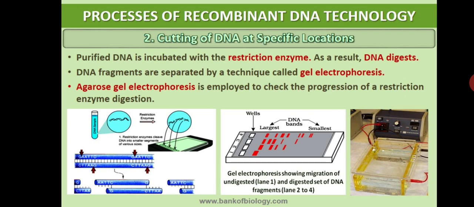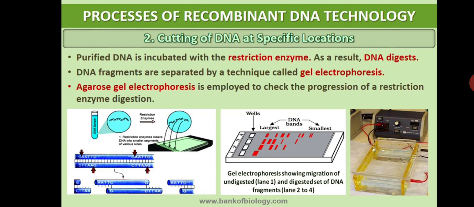First, to carry out this gel electrophoresis, what do you have to do? The question arises: how to carry out the gel electrophoresis? As I told you, it is the separation of DNA fragments based on their length. To carry out this process, first you have to follow certain techniques.